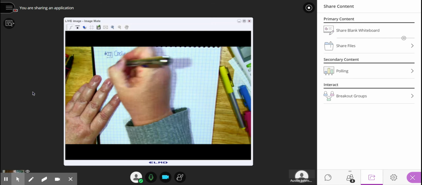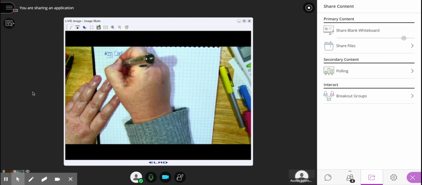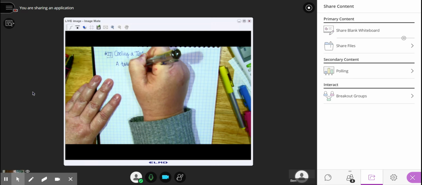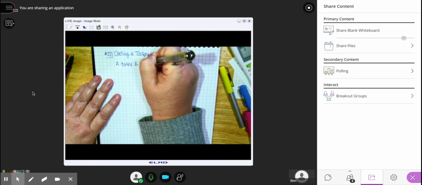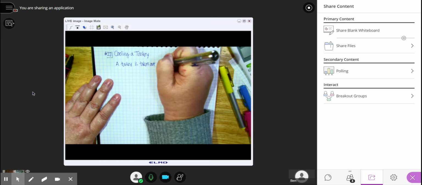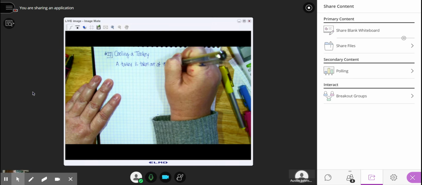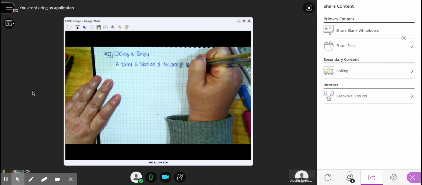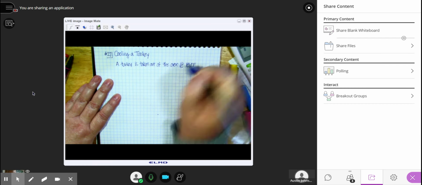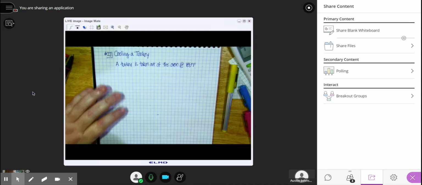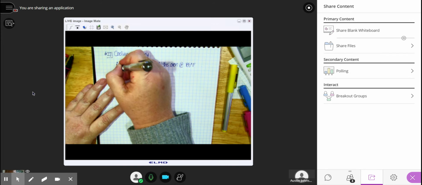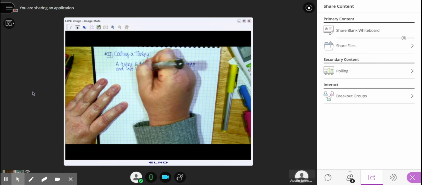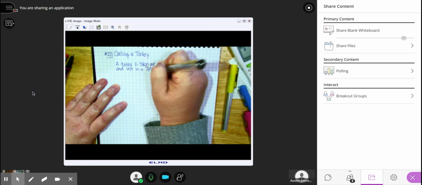All right. So we're going to talk about it this way. Let's say a turkey is taken out of the oven at 185 degrees Fahrenheit and left in a 75-degree Fahrenheit room.